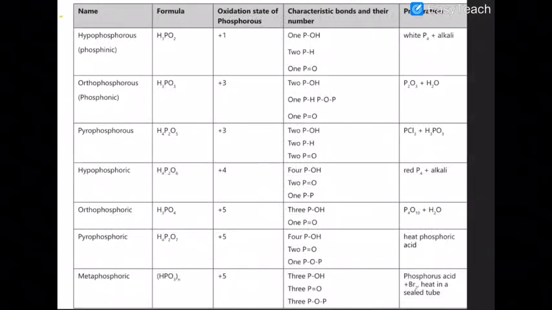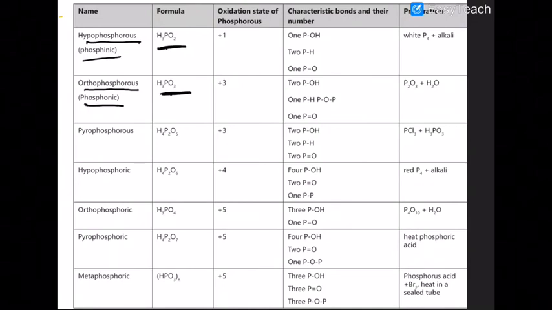Now, these are the names of various types of phosphorus acids. H3PO2 is known as hypophosphorus acid or phosphinic acid. H3PO3 is called phosphorus acid or orthophosphorus acid or phosphonic acid.